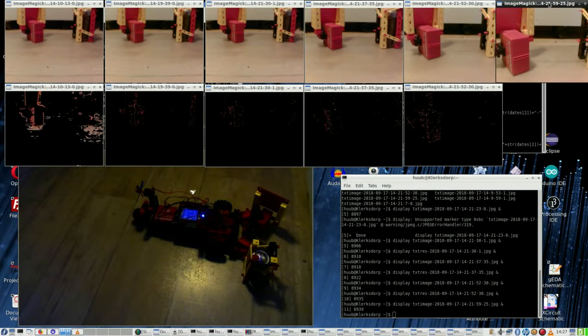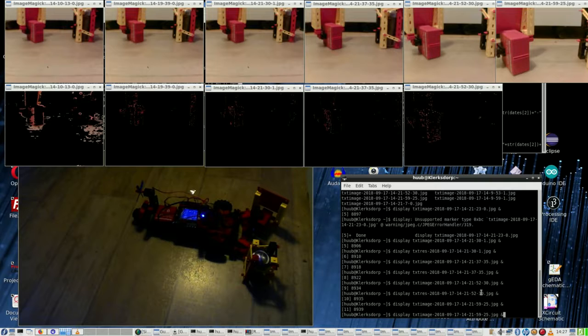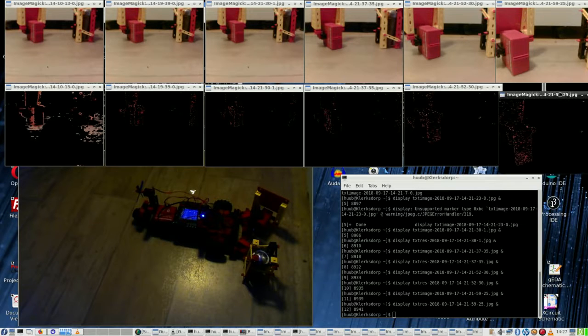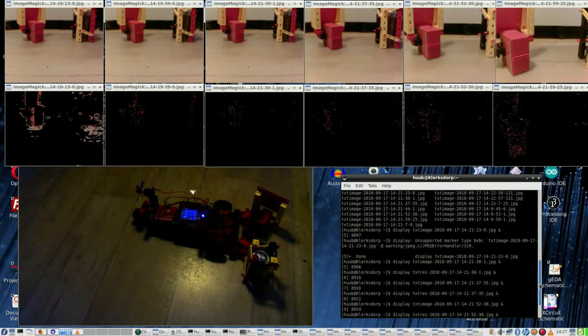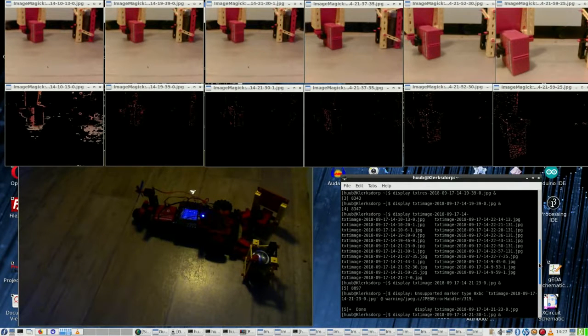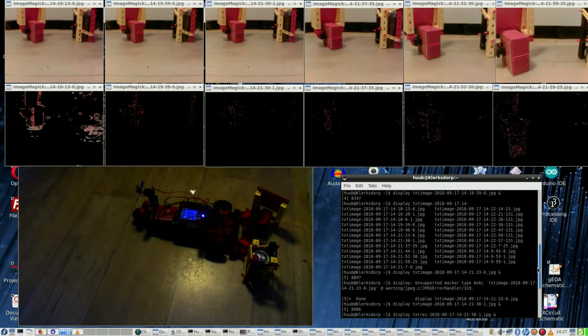Coming very close now. More red. Next, 59 is more than it gets, so we go to 22, which is 13, 22, 13.